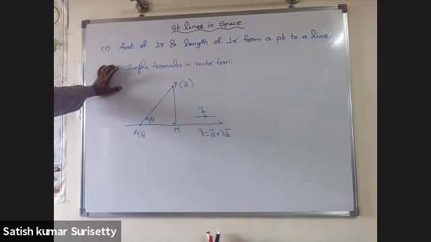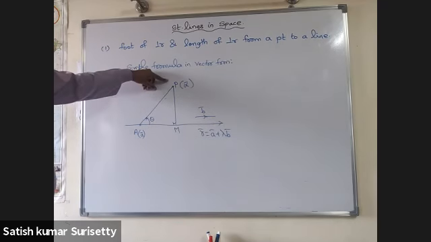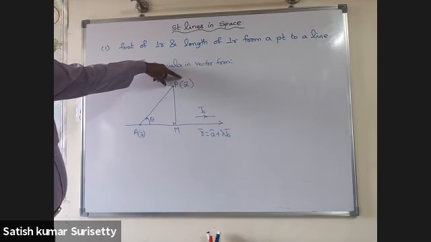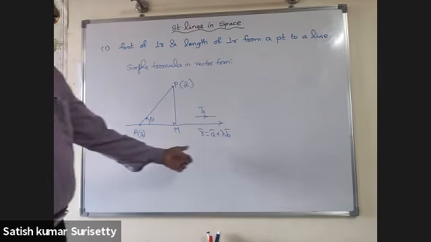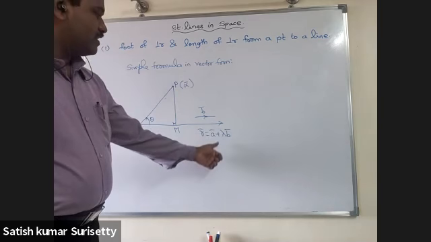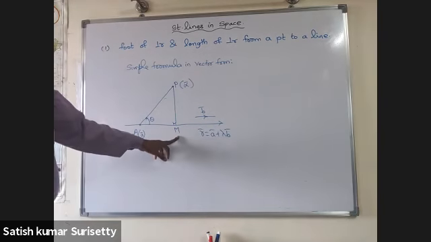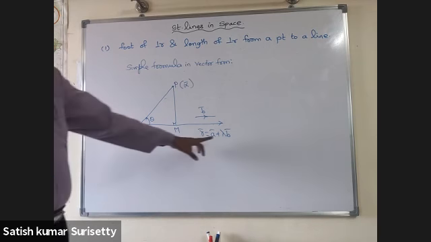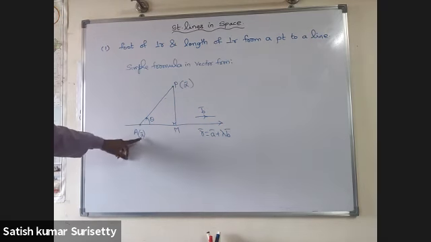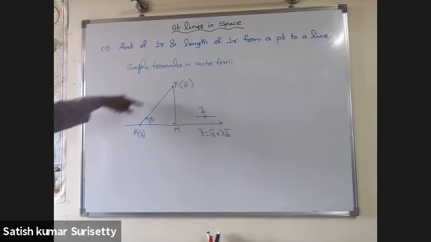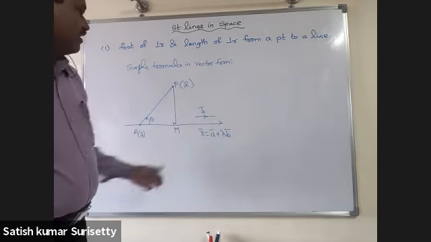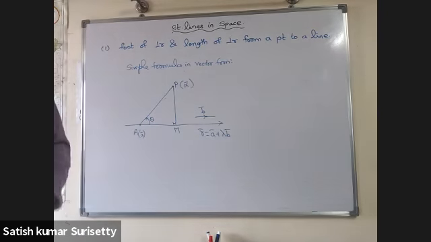Now a simple formula to find the length of the perpendicular from a point to a line in vector form. Let the position vector of the point P be alpha bar and the line in vector form be r bar equals a bar plus lambda b bar. M is the foot of the perpendicular, and a specific point on the line has position vector a bar. Let AP make an angle theta with the line.